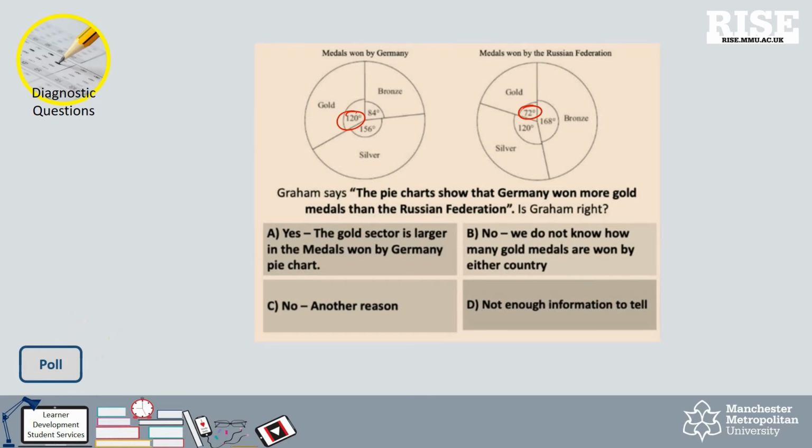Does this mean then that Germany won more golds? No, it doesn't necessarily. We can't be sure because we do not know how many gold medals are won in total in either country. In fact, we don't know the total medals won by any country. So you could say B or D is more clear because there's just not enough information to tell either way.